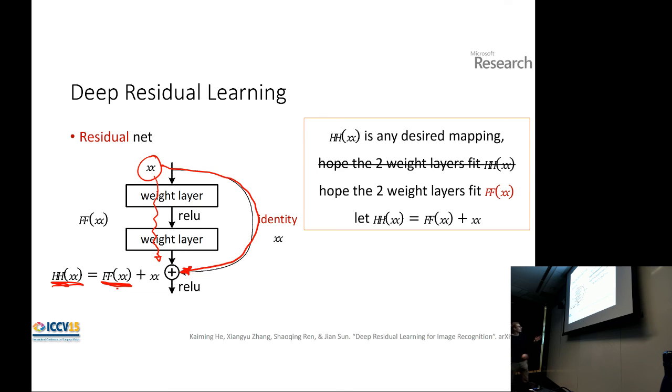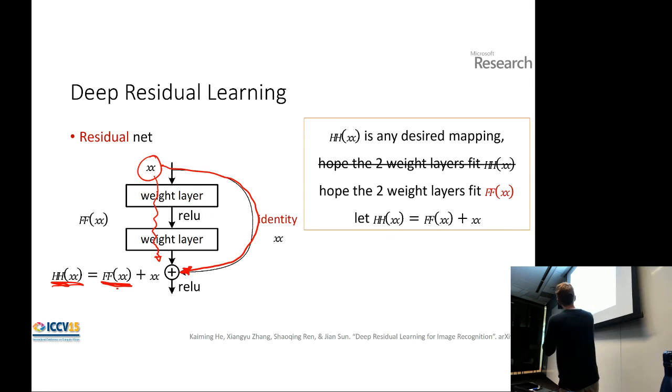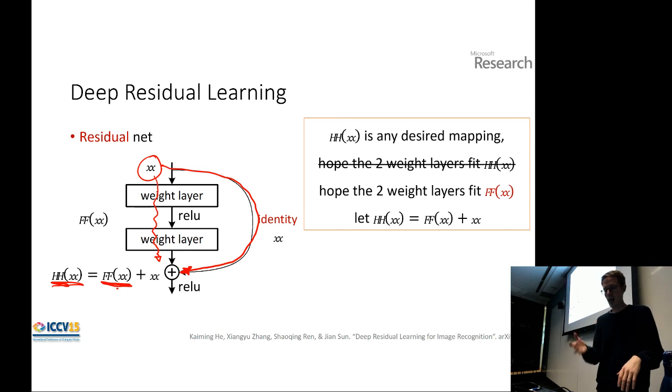Whatever error you were backpropagating to H of x is also going to backpropagate directly to x. By contrast, if you didn't have that identity, your error is going to have to flow through F of x, and it might get shrunken or clipped or manipulated in some way such that you lose a lot of information about how you should be updating your parameter values.